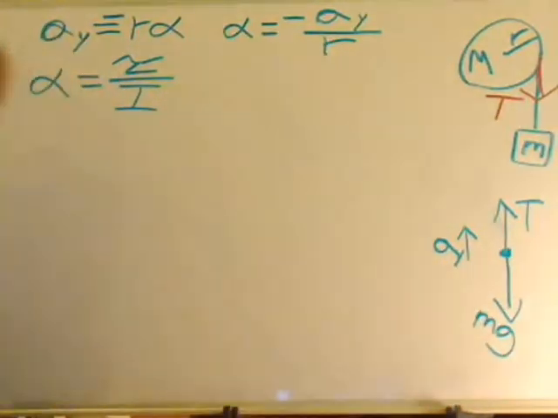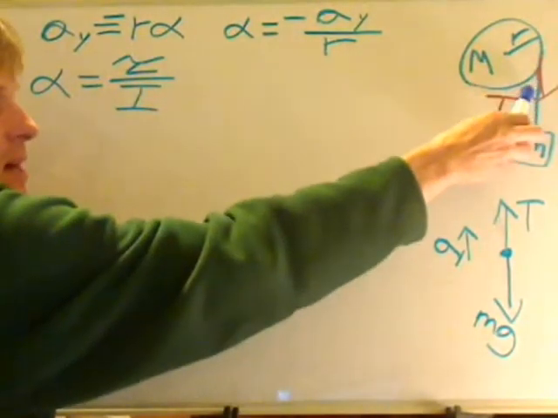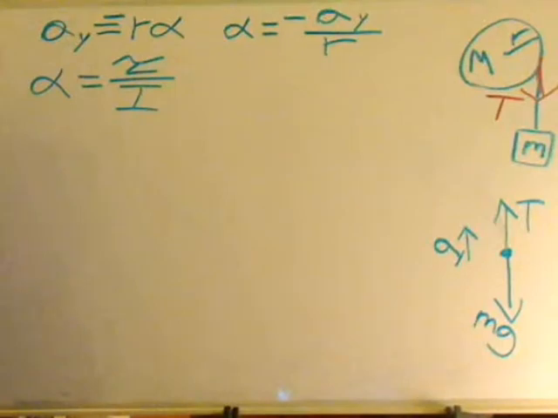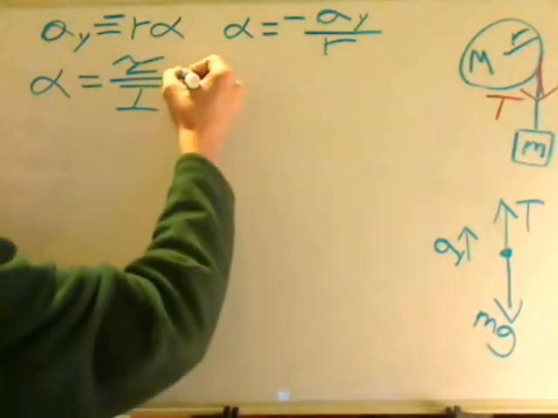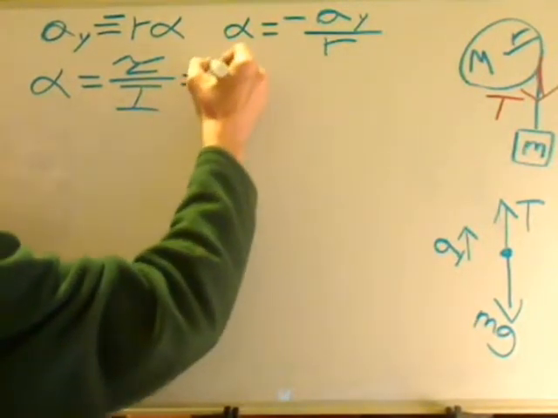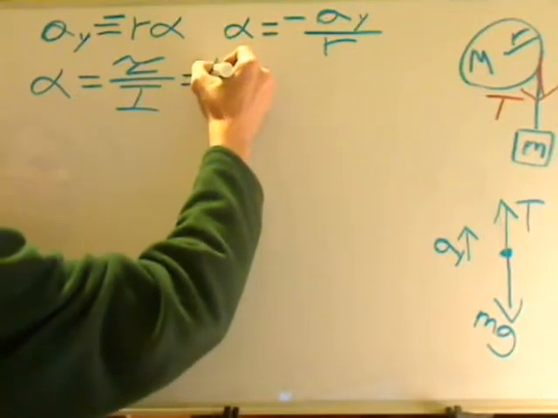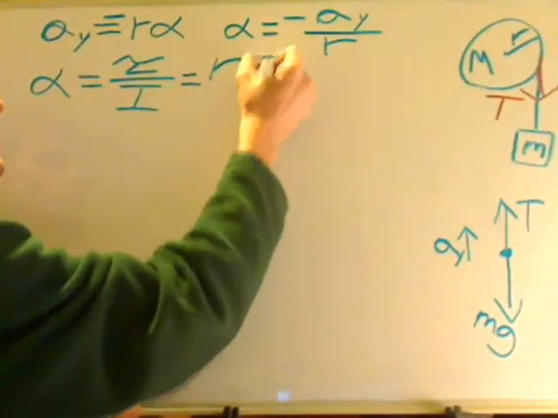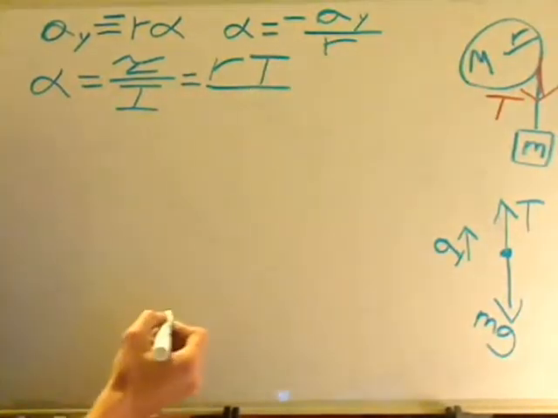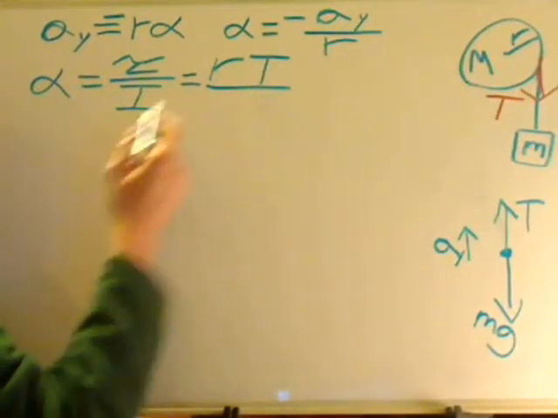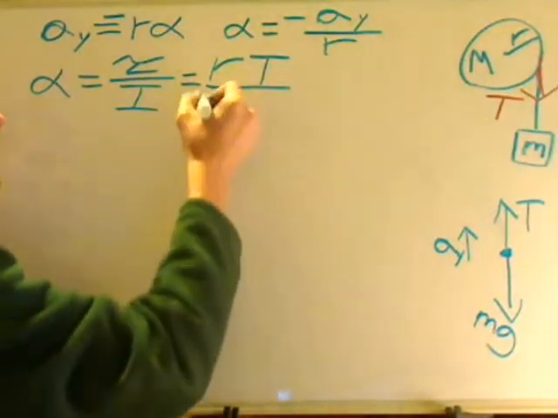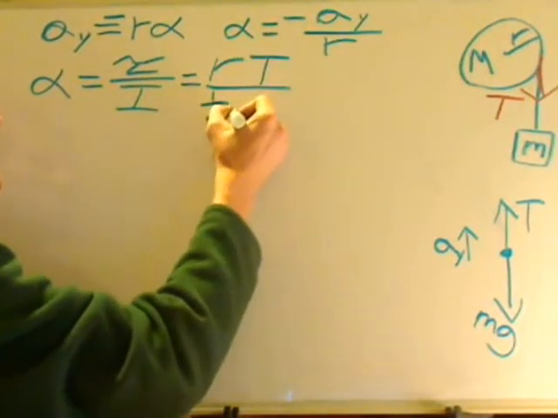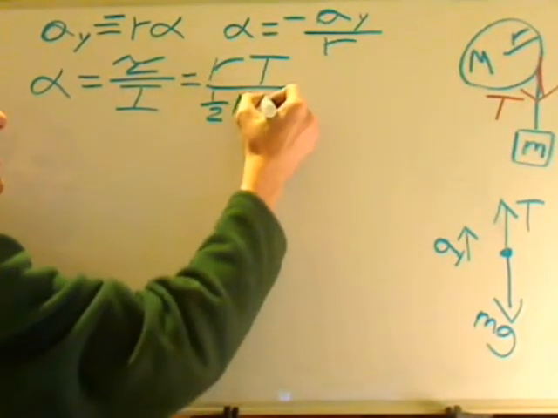We'll come back to this in a minute. So the torque acting on the winch is going to be the force applied times the radius. The radius is r. The force is the tension. The moment of inertia, well, it's a cylindrical disk, it's 1/2 Mr squared.